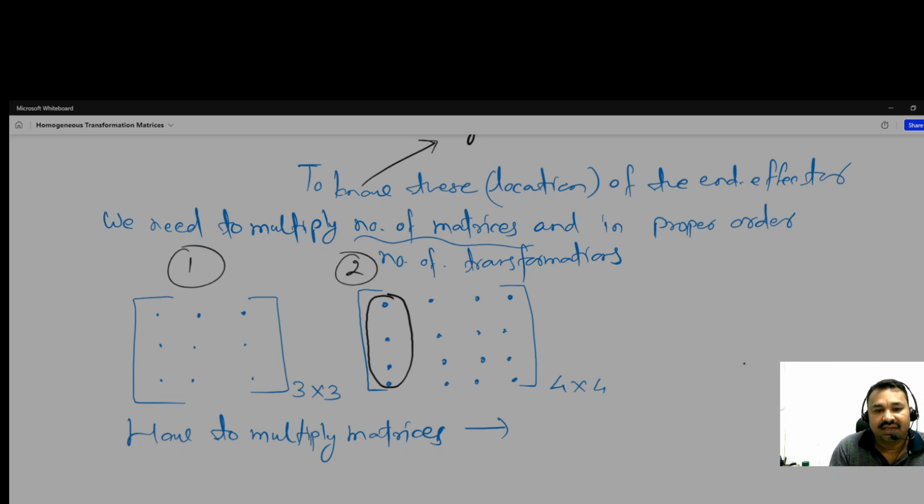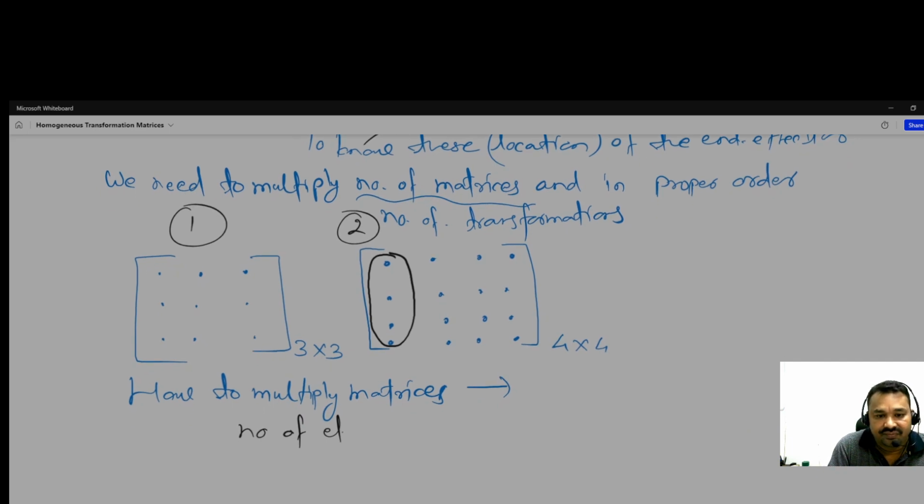So what we have to do here: the number of elements of the column of matrix 2 should be equal to the number of elements in the first row.